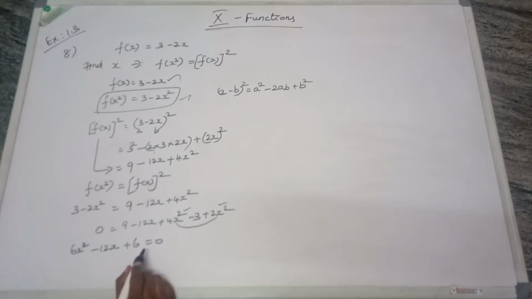Now see this equation. It is a quadratic equation. Each and every term is a multiple of 6, because here 1 six is 6, 2 sixes are 12, and here 1 six is 6. So we divide this equation by 6, dividing both sides by 6.